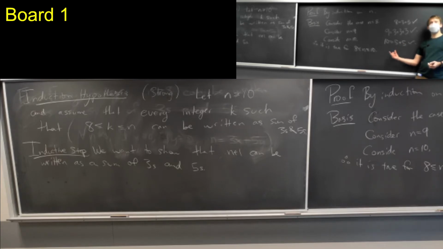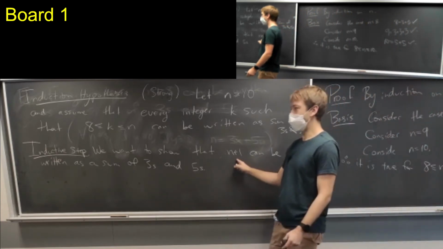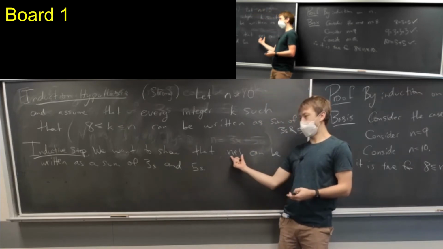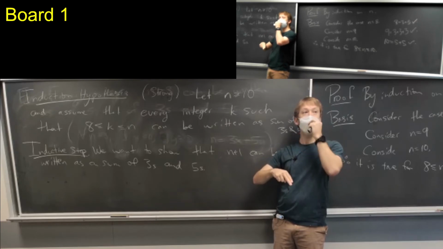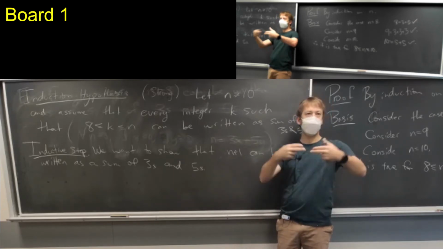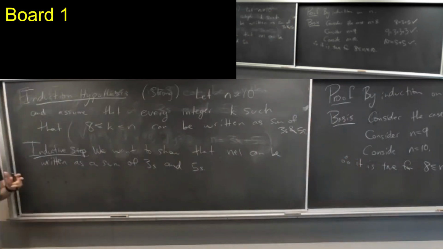To prove 11, we use that 8 is true, and we add 3 to it. So to prove n plus 1, what I want to do is use the fact that it's true for the value which is 3 lower than this, which is n minus 2, right? And then I want to just add 3 to it. Is that kind of clear?